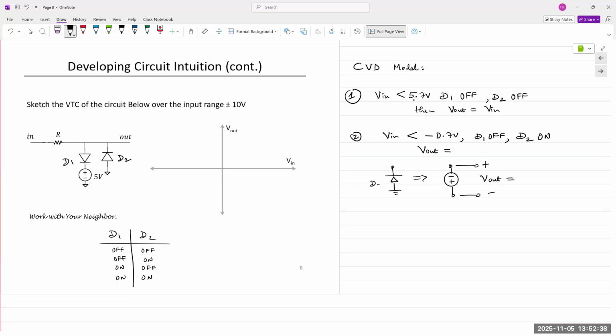So let's write down that this is D2. V out becomes minus 0.7 volts. Okay, so my V out is going to look like this. Actually, let me draw this out first.